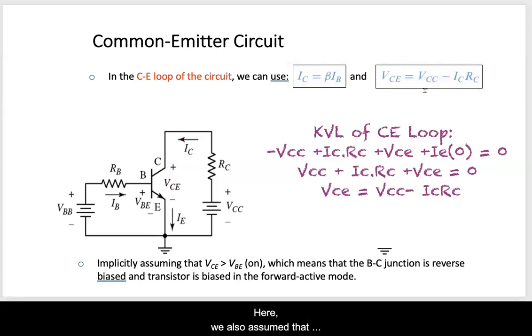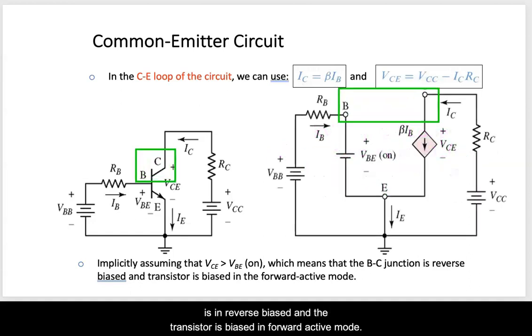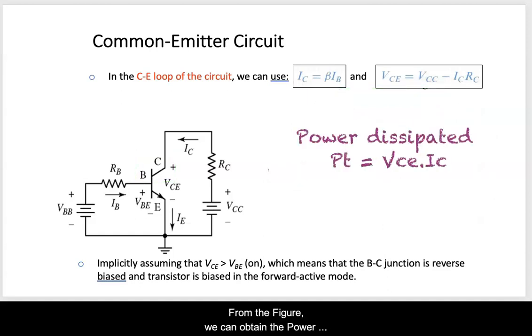Here, we also assumed that VCE is much greater than VBE on, which means the base collector junction, or BC junction, is reverse biased and the transistor is biased in forward active mode. From the figure, we can obtain the power dissipated by the transistor, which is PT equal to IB times VBE on plus IC times VCE.